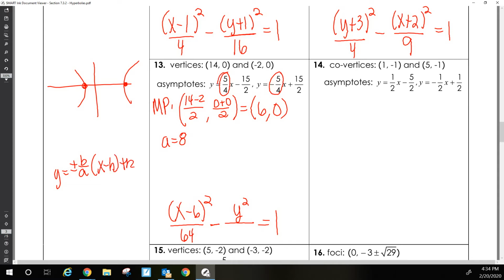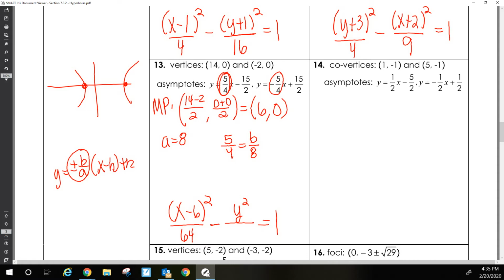So this piece here, you can think of it as your slope of that line, it's going to be your b over a. So if I know my b over a is 5/4, that's going to be b over my a, which is 8. So now you can say to yourself, if 4 goes to 8, what does 5 go to? That would have to be 10, right? Because they're going to be equal to each other.